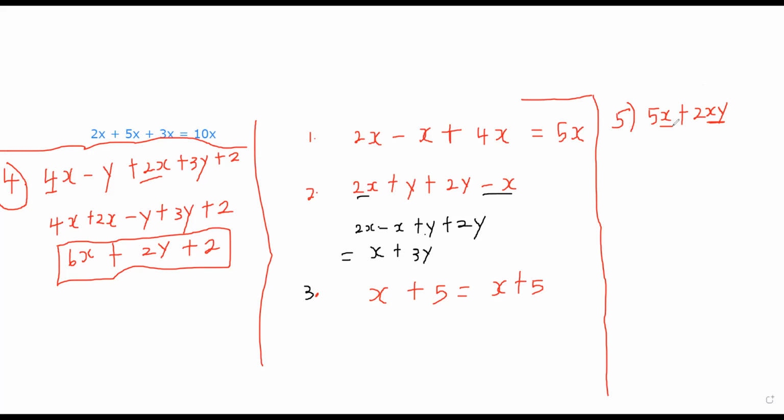If one is x and one is xy, are they the same? Can they be added? Because remember the rule is like terms you can add and subtract. But are they exactly the same? Yes or no? No, right? They're not the same. One is x and one is xy.